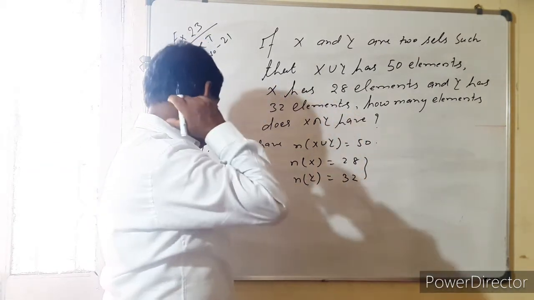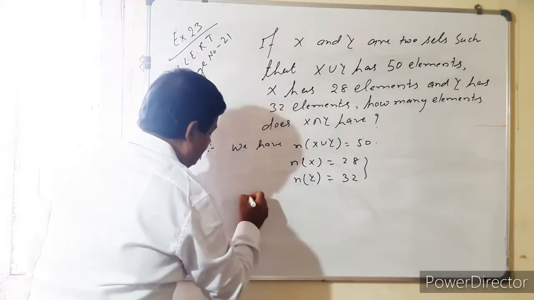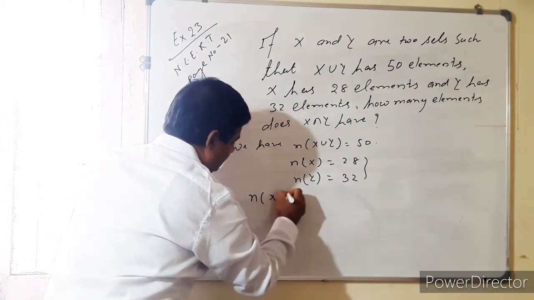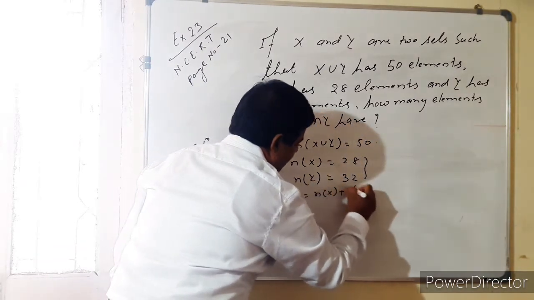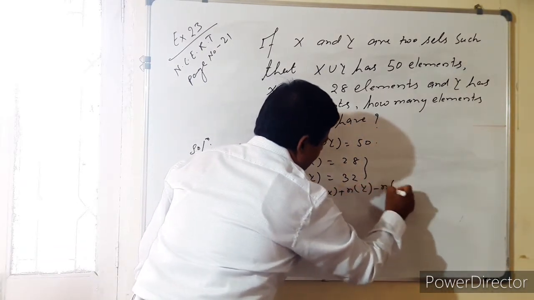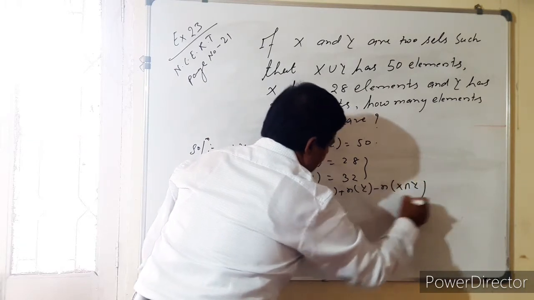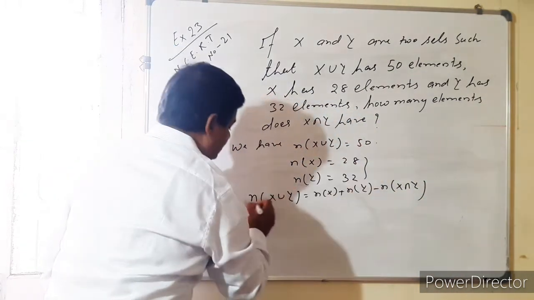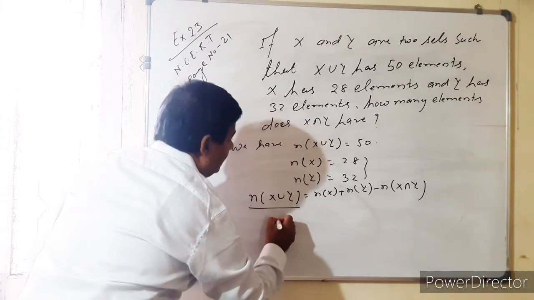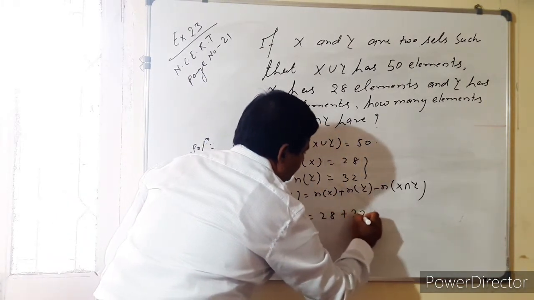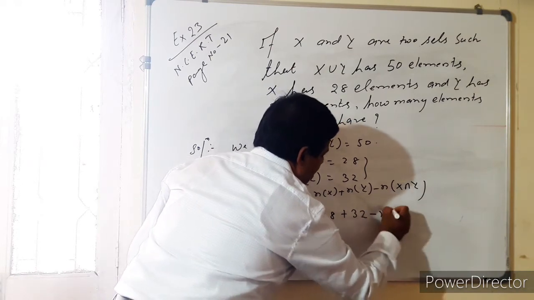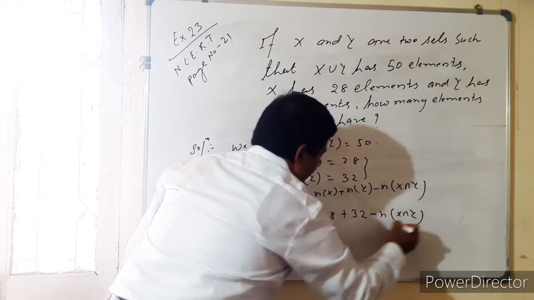It means we have to use the formula n(X union Y) is equal to n(X) plus n(Y) minus n(X intersection Y). So n(X union Y) is given, this one is 50, and this is equal to 28 and this is equal to 32 minus n(X intersection Y).